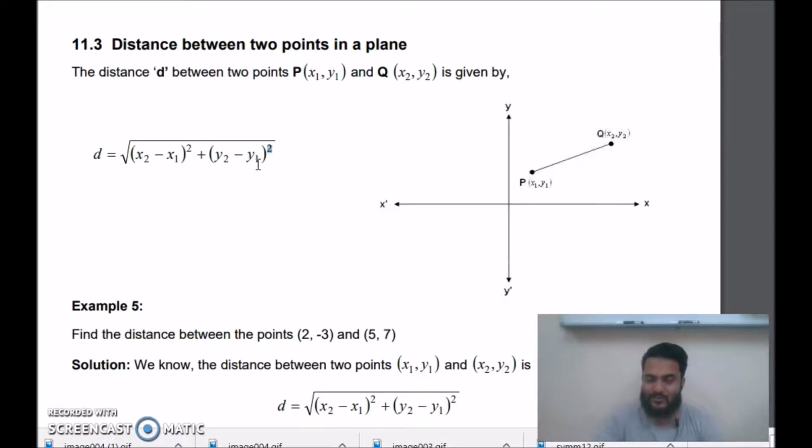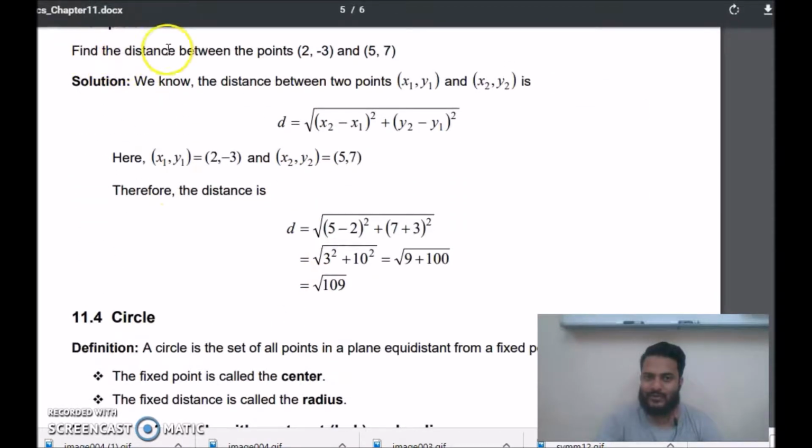And now we are going to discuss how to find the distance. Consider 2 points, (2, minus 3) and (5, 7), and you have to find the distance between these 2 points. Consider them as x1, y1 and x2, y2.